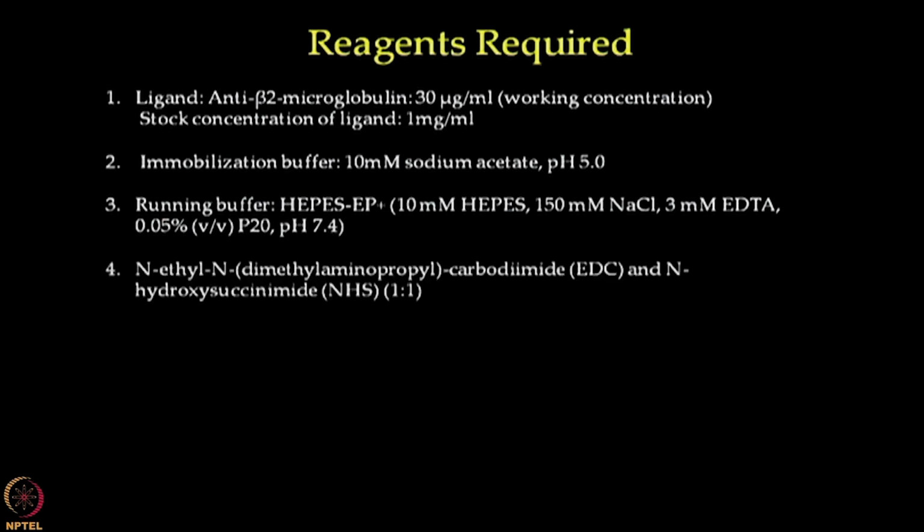EDC and NHS were prepared to be used in 1:1 ratio for surface activation. 1 molar ethanolamine HCl pH 8.5 was prepared for blocking the free ester groups on the surface. Lastly, 50 millimolar NaOH was prepared, which will be used to remove the electrostatically bound ligand.